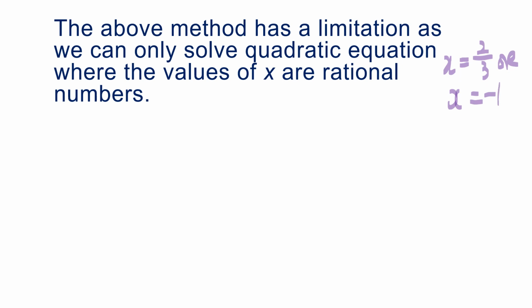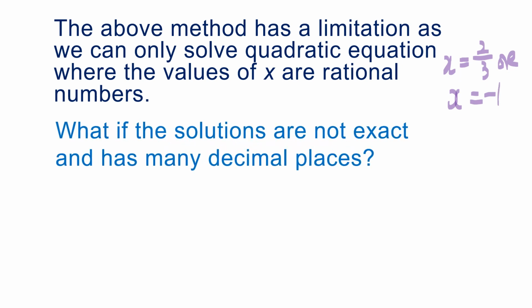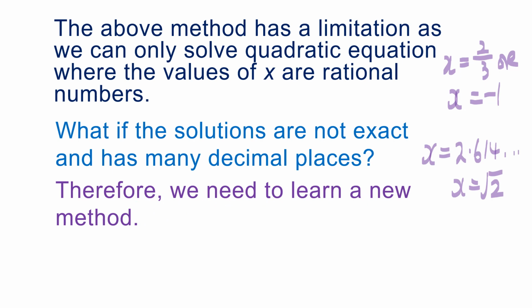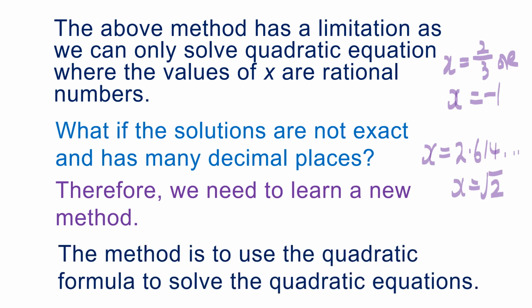But what happens if the solutions are not exact and have many decimal places, such as x equals 2.614, and so on, or x equals square root 2, something like that? Then you will see that we cannot apply the earlier method anymore. So therefore, we need to learn a new method. And this method we're going to learn is to use the quadratic formula to solve the quadratic equations.